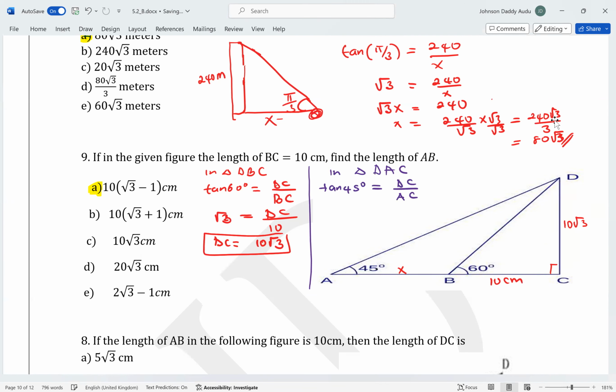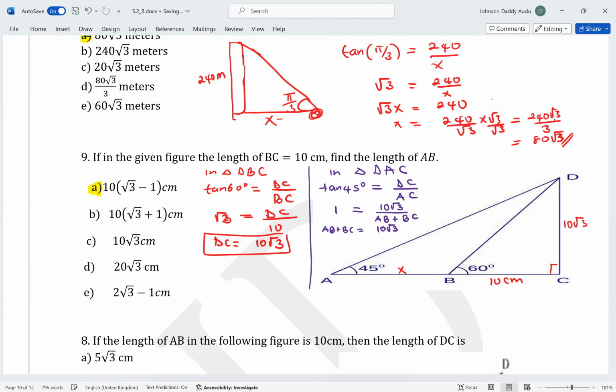We know tan 45 is equal to 1. DC is already known, which is 10 root 3 over AC. AC is nothing but, let me write it, AB plus BC. So if you cross multiply here, it means that AB plus BC is just 10 root 3.